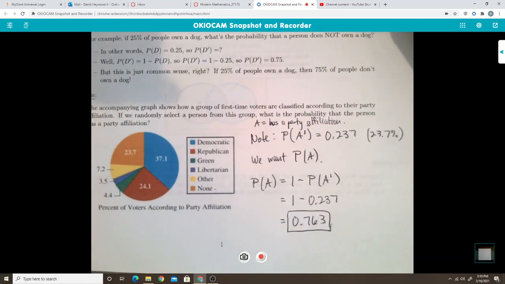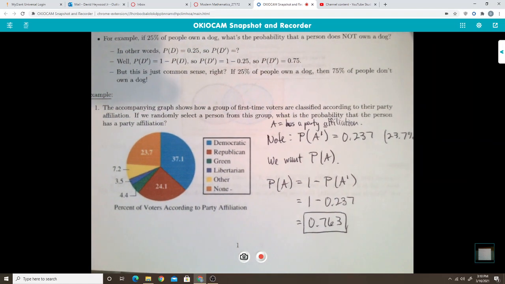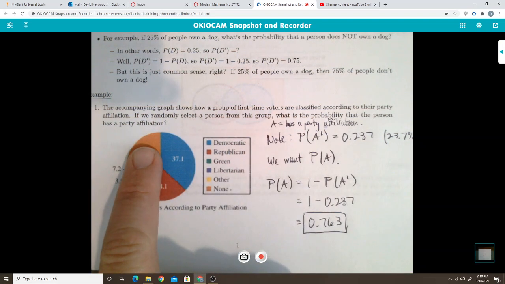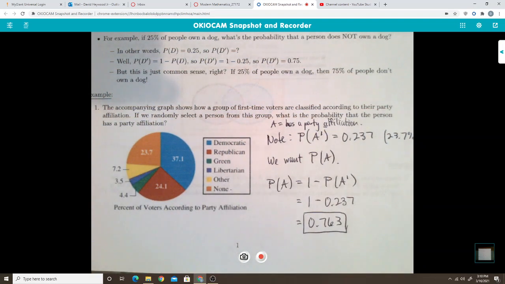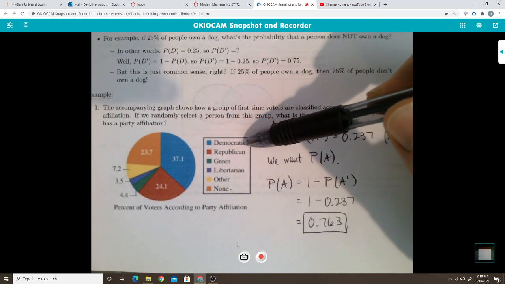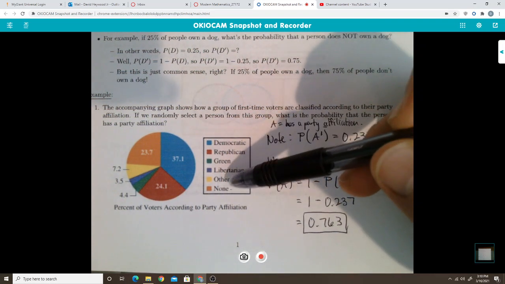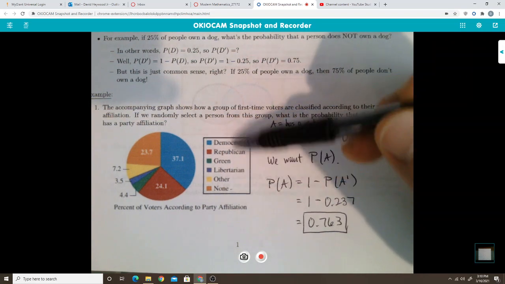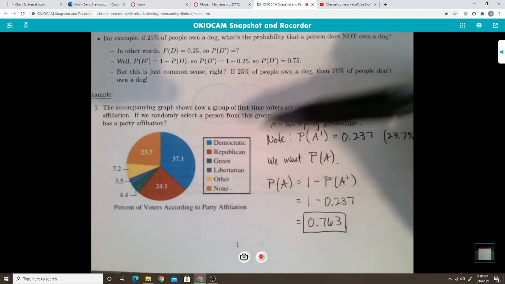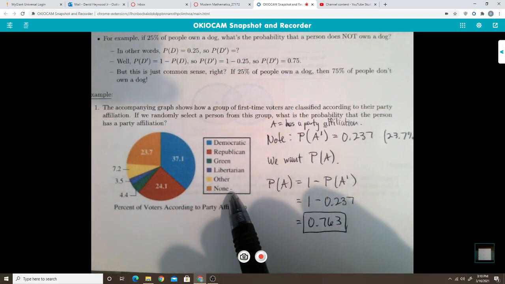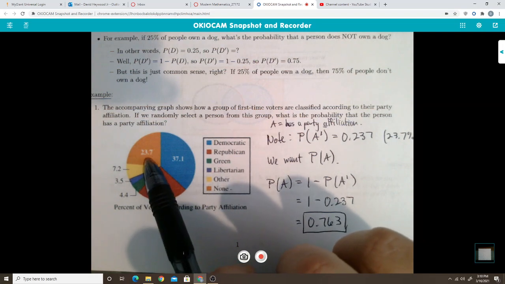Now, that's just one way to do the problem. There are other ways that you could think about this, right? Because we're being asked, what's the probability that the person has a party affiliation? Well, when you add up the Democrats plus the Republicans plus the Greens plus the Libertarians plus the others, you should end up with the total number of people who have some kind of party affiliation, right? And so the only category we're going to leave out are the people who said they don't have a party affiliation.